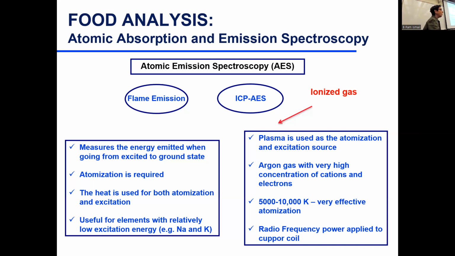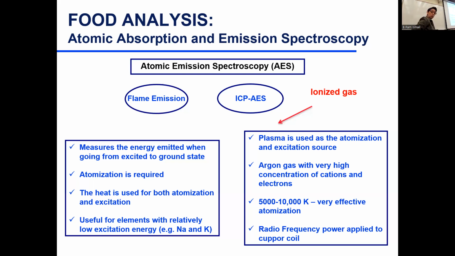You don't have a risk of ionization, even though the temperature is really high, because the argon gas already has a lot of charges, cations and electrons, that will prevent your own atoms from ionization. So you don't worry about ionizing your element atoms. Basically, plasma atomizes and excites, your elements will emit light, and that emitted light will be measured.